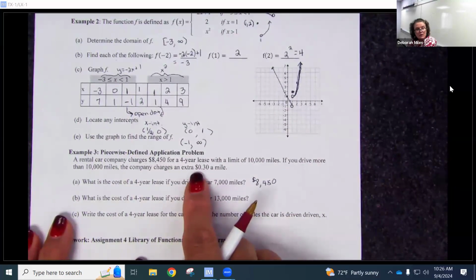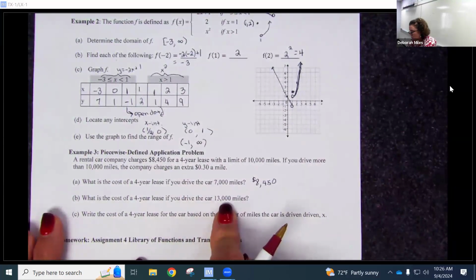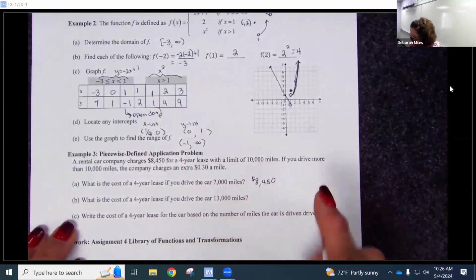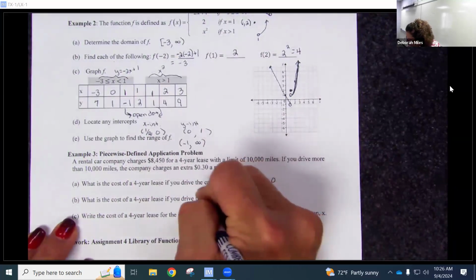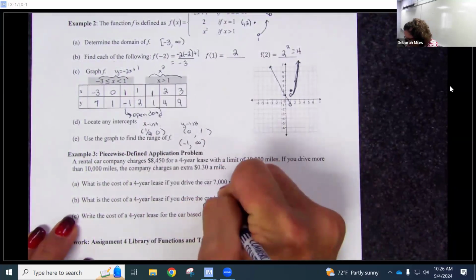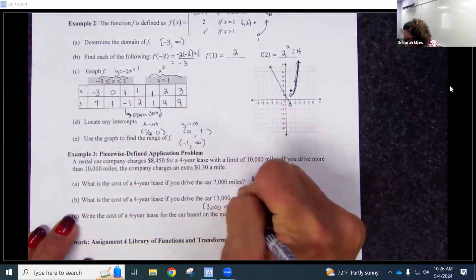You don't have to pay this fee on the whole 13,000 miles, though. You just have to pay this fee on the amount you drive past the limit. The limit's 10,000 miles. So 13,000 miles would be 3,000 over the limit, I guess is the best way to say it.